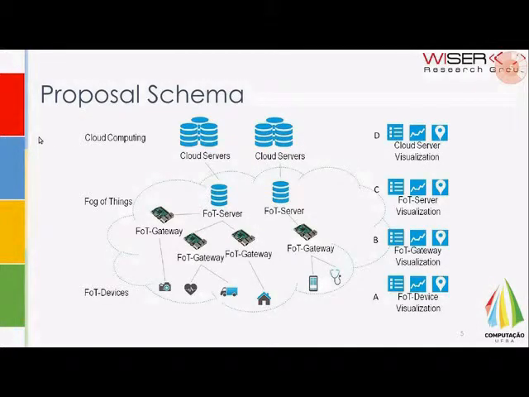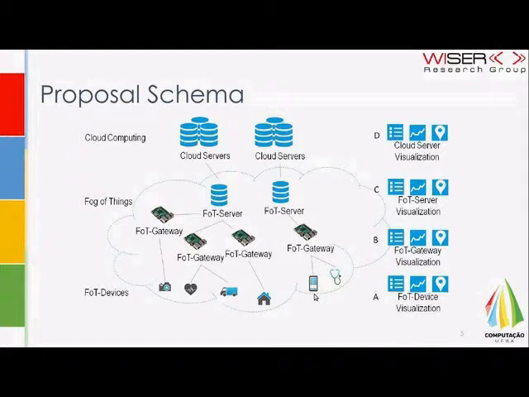A platform based on Fog of Things must contain some components like FoT devices, FoT gateways, FoT servers, and applications. In this figure, we observe the FoT devices at level A, which monitor the environment.